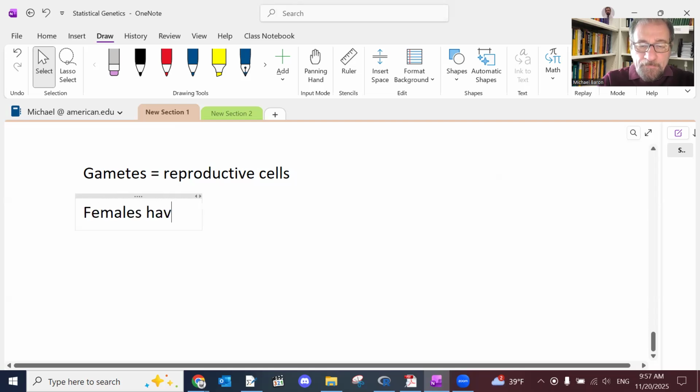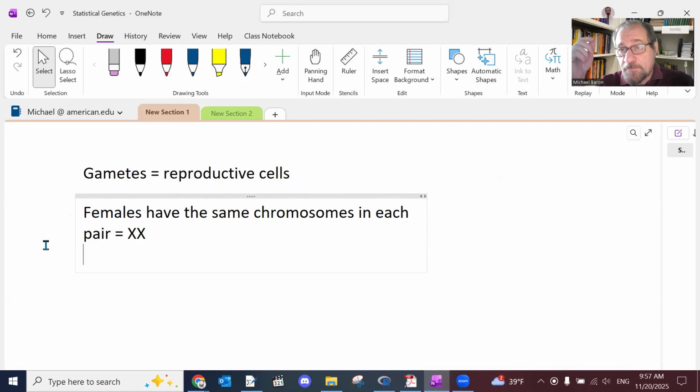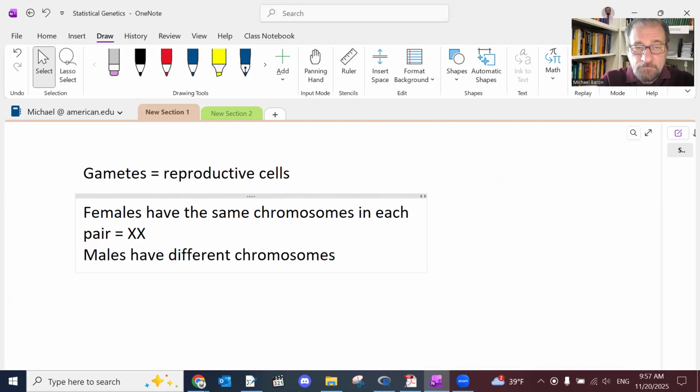Females have the same two chromosomes in each pair, called XX. So they have X chromosomes, and their pair consists of two X chromosomes. Males, that's the genetic difference between females and males, have different chromosomes in each pair. I'm only talking about reproductive cells.